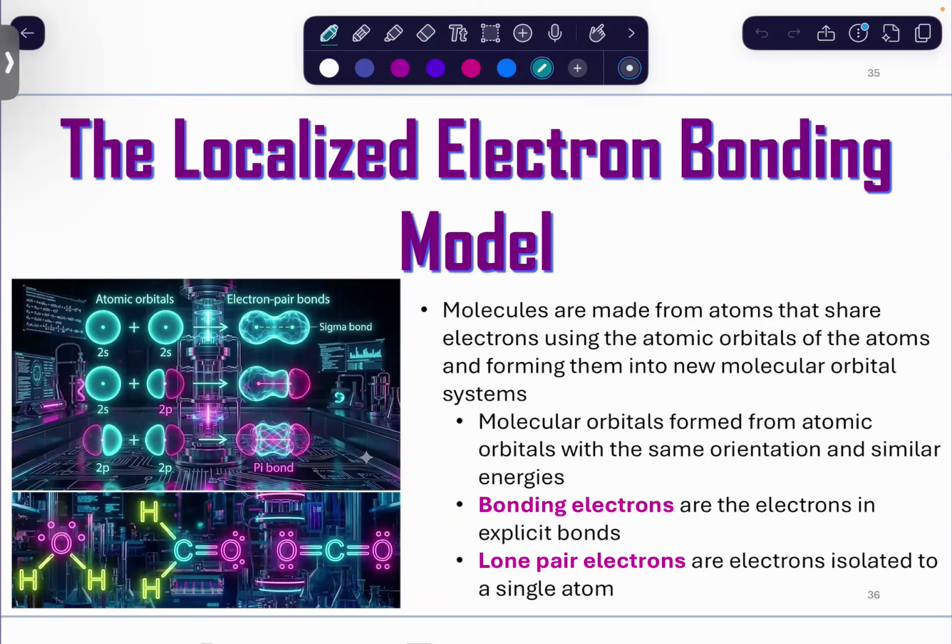So you can't have two orbitals form a molecular orbital when you have different phases hitting each other. If you look to the left, the different phases are your blue and your burgundy there. And so I can't have a blue and a burgundy atomic orbital come together to form a molecular orbital.